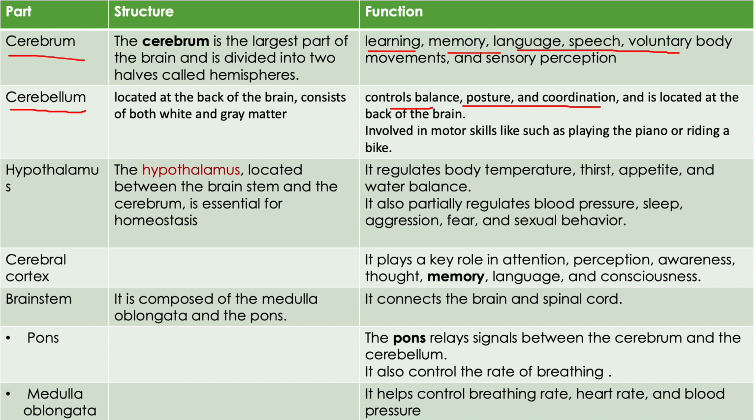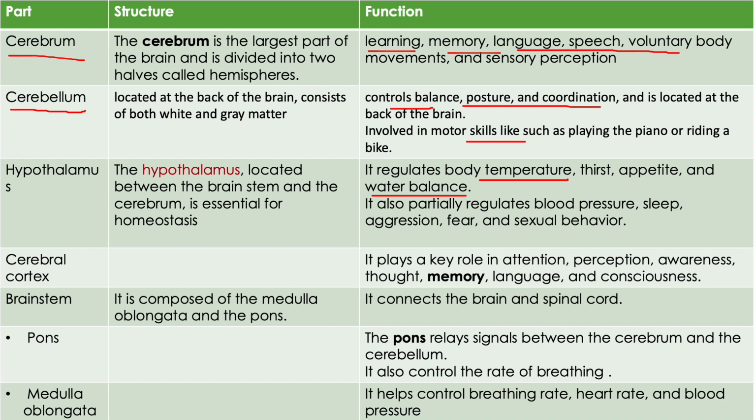It is located at the end of the brain, and it is involved in motor skills like playing a piano or riding a bike. In both cases you need to balance the body. The hypothalamus is mainly involved in thermoregulation and osmoregulation. We have studied thermoregulation and osmoregulation in the previous topics.